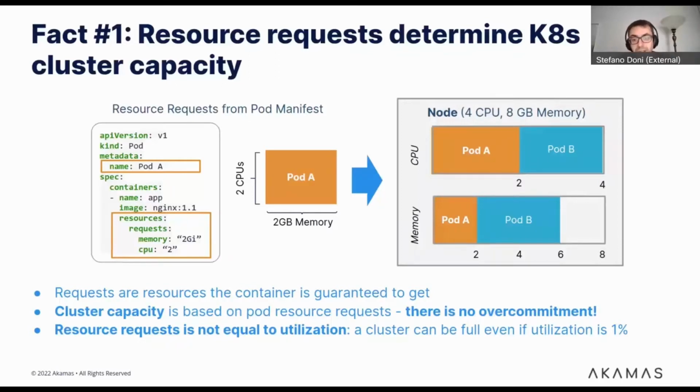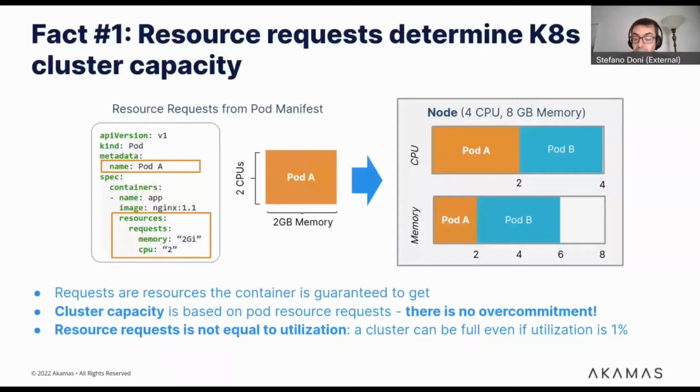So the main takeaway here is that resource requests are very, very important from a cluster capacity management perspective, because it's a key concept that Kubernetes itself considers in order to understand when and where it should allocate a pod. The other consequence is that there is no real overcommitment on the resource request.